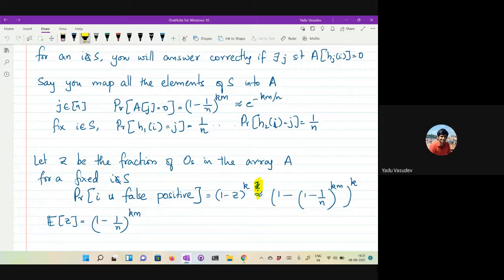Z is a random variable, right? So when can you conclude something like this? This is the probability of i being a false positive. When can you conclude this? Or what should be true of Z for this to happen?